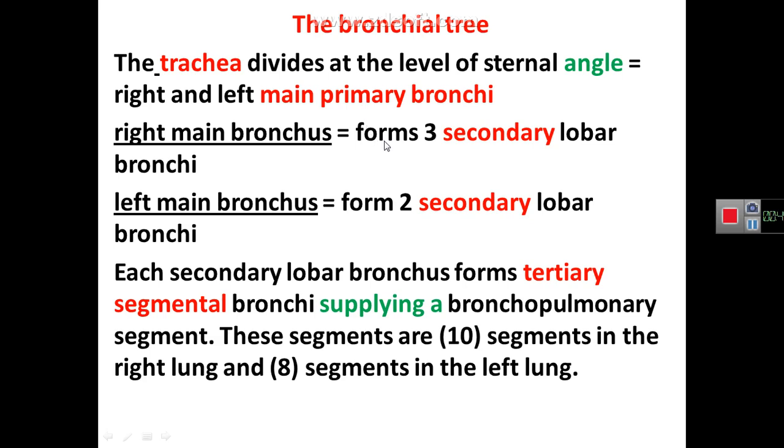On the right side, the main bronchus will divide into 3 secondary lobar bronchi, one for the upper lobe, one for the middle lobe, and one for the lower lobe, while the left main bronchus will divide into 2 secondary lobar bronchi. And each of the secondary bronchi on the left and right side will form segmental bronchi, which are the tertiary bronchi. The segmental bronchi will be one for each of the bronchopulmonary segments that we had just described, the functional units of the lung.